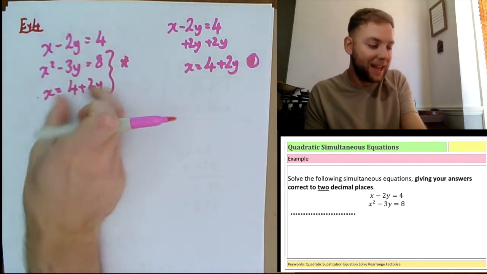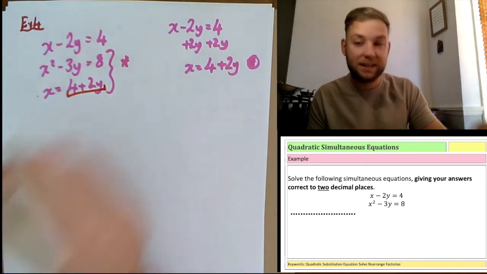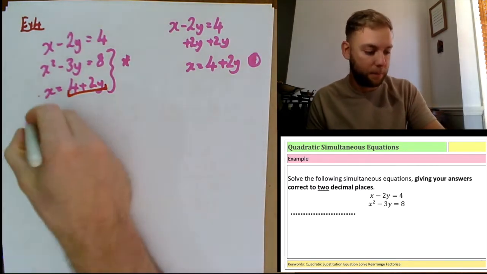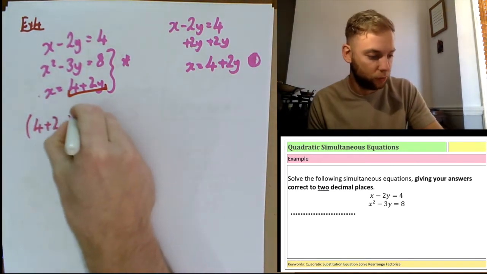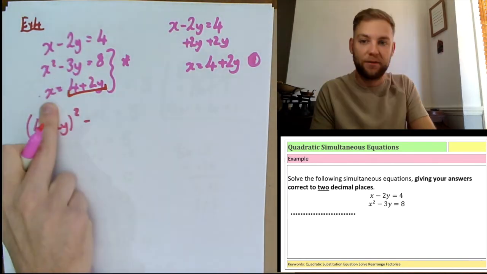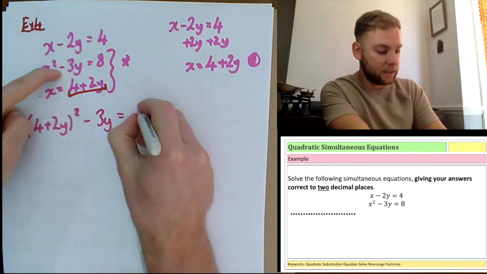So I'm going to sub that here. Let's underline it so you can see it. I'm substituting this in for that x squared part. So it's going to be bracket 4 plus 2y all squared minus, so that's that part there, substituted in for the x, minus the 3y is equal to 8.